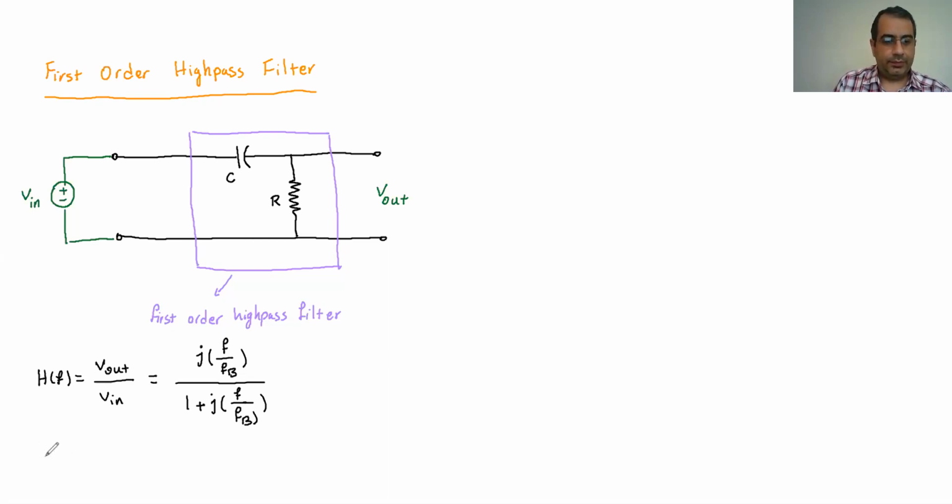In polar format, the magnitude is going to be F over FB, divided by the square root of 1 plus (F over FB) squared.